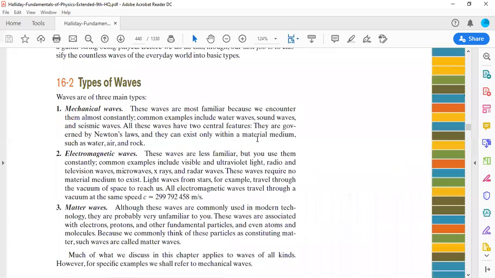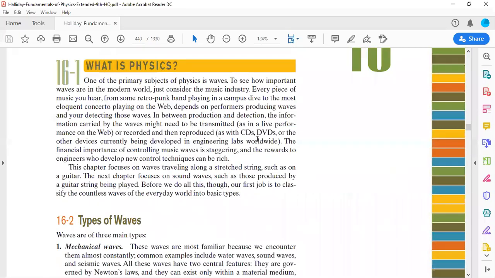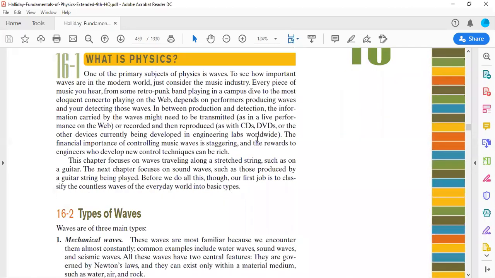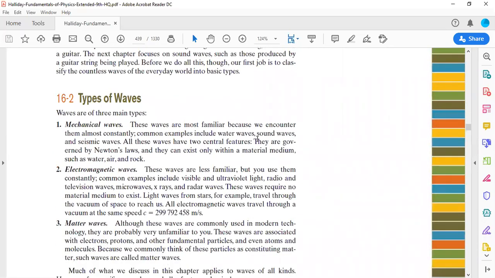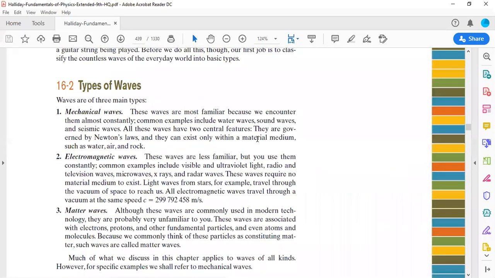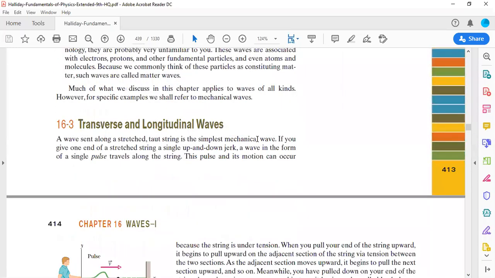So now we'll discuss briefly about the waves. What is a wave? How many types of waves are there? Mechanical waves, electromagnetic waves, and matter waves. Transverse and longitudinal waves.